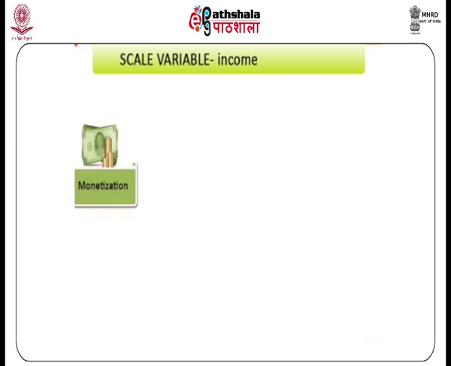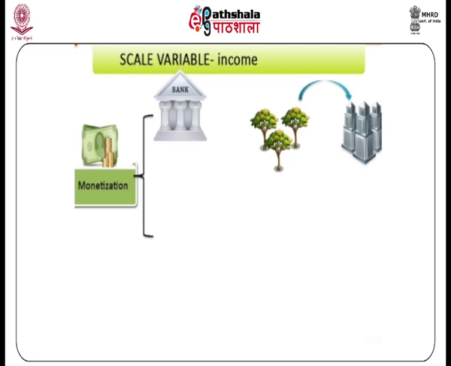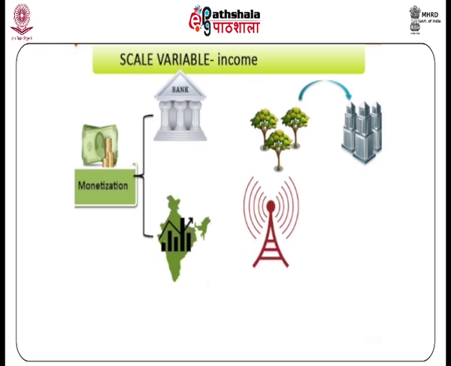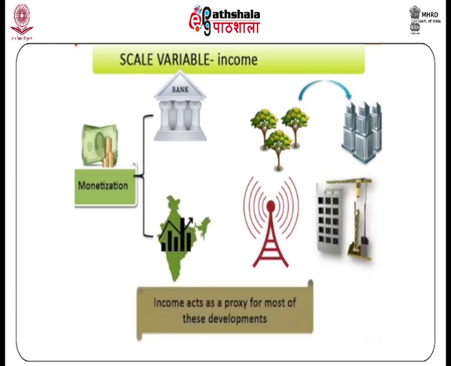Monetization is associated with a variety of changes like spread of banking facilities into unbanked areas, migration from rural to urban areas, changing sectoral composition of the economy, growth in literacy, better transportation and communication network, commercial and industrial development. Income acts as a proxy for most of these developments.